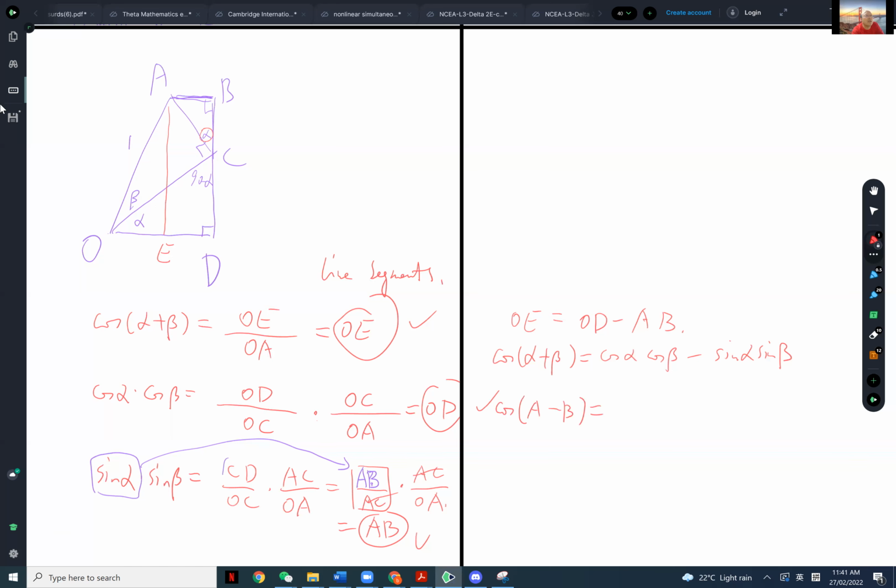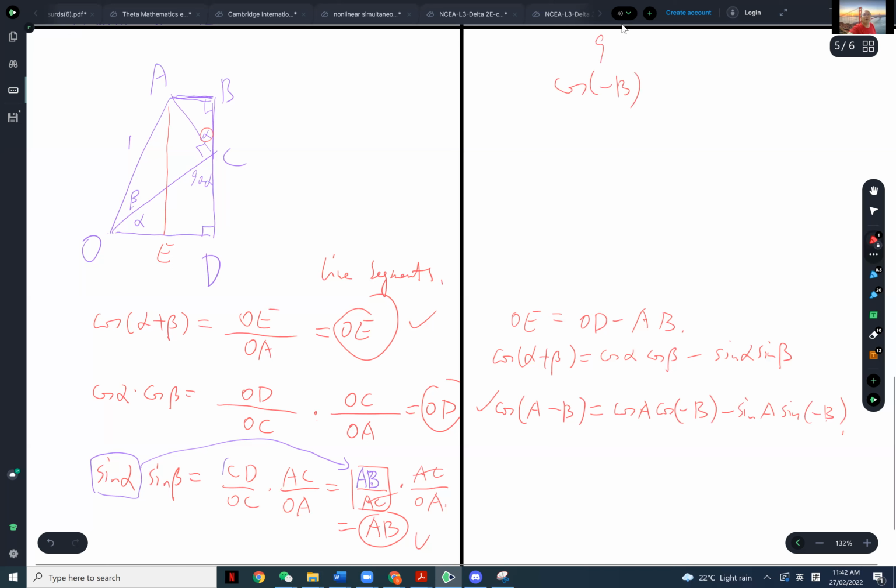We just proved it for alpha plus beta, which means we can make alpha just A and beta negative B. Cos of negative B, you can say it's an even function, so we still use cos.